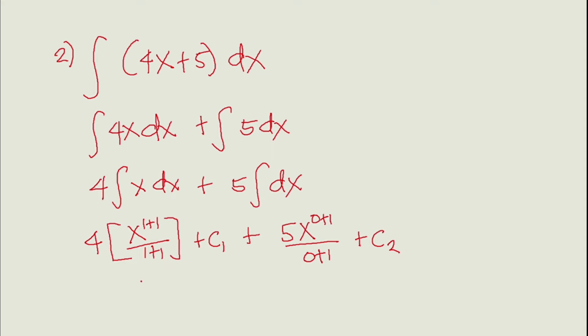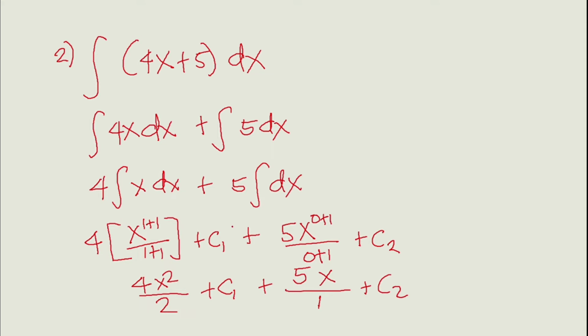So we have 4 x squared over 2 plus c1 plus 5x over 1 plus c2.